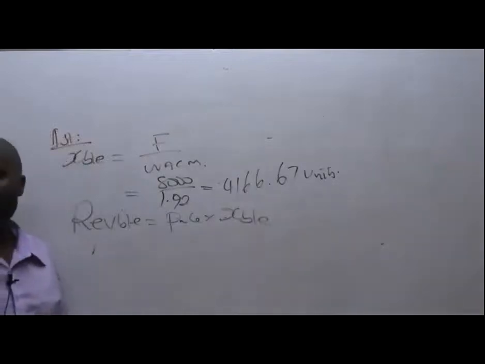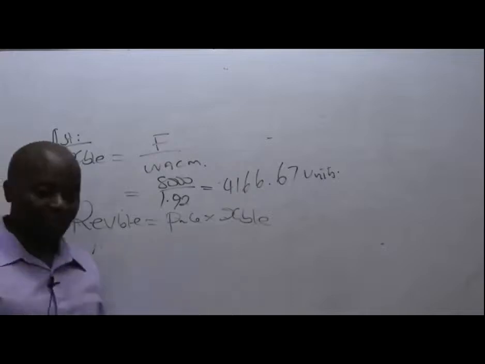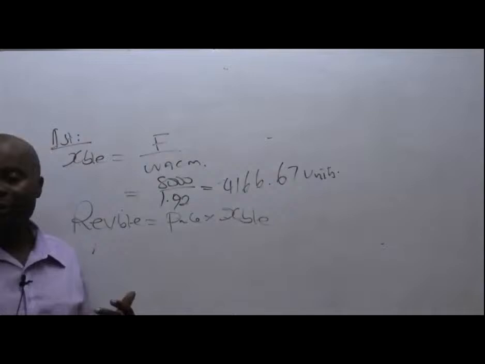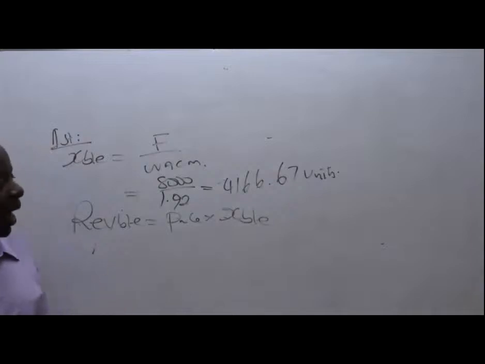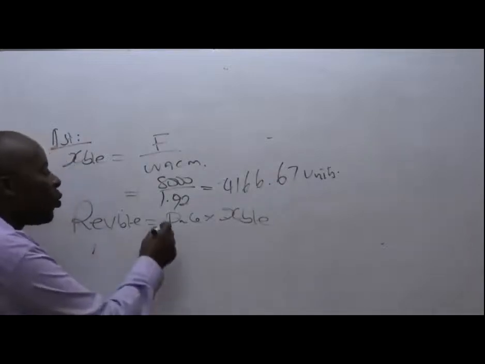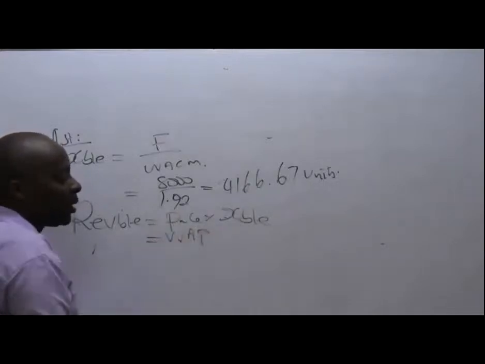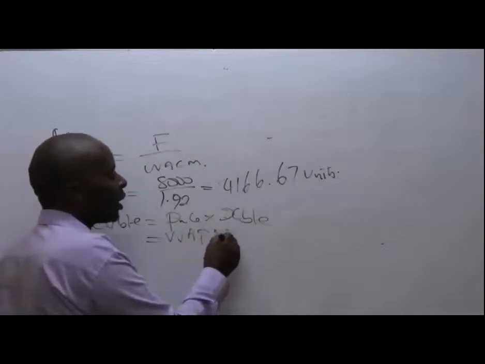But remember, we don't just have one price here. It's a multiple product scenario. You have many prices, and as such, you can only work with an average price, a WAP. So WAP times X break even.